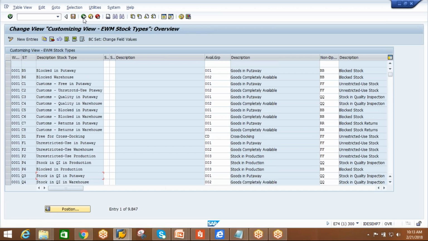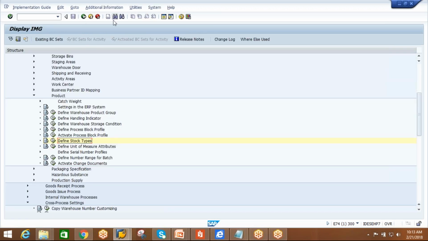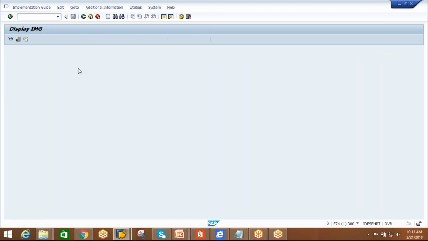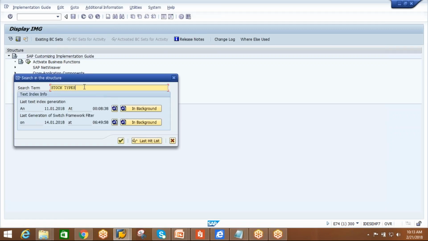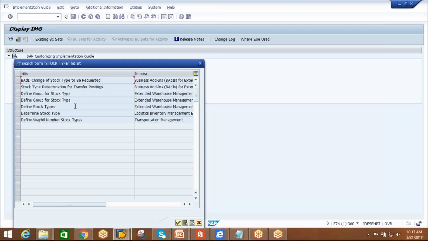One sec, some area is there to maintain the description also. Define stock types, determine stock type.